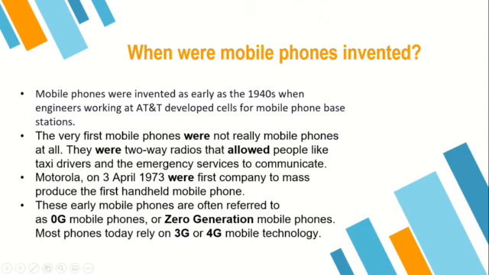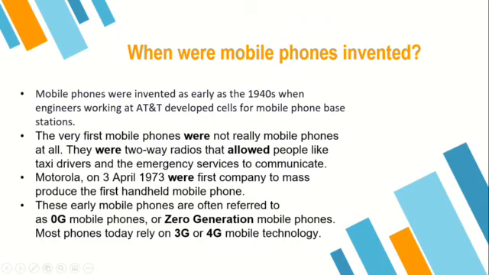Then Motorola, on the 3rd of April 1973, was the first company to mass produce the first handheld mobile phone. So it means that Motorola was the first company who created the handheld mobile phone. So it means a mobile phone that can be held by people's hand.